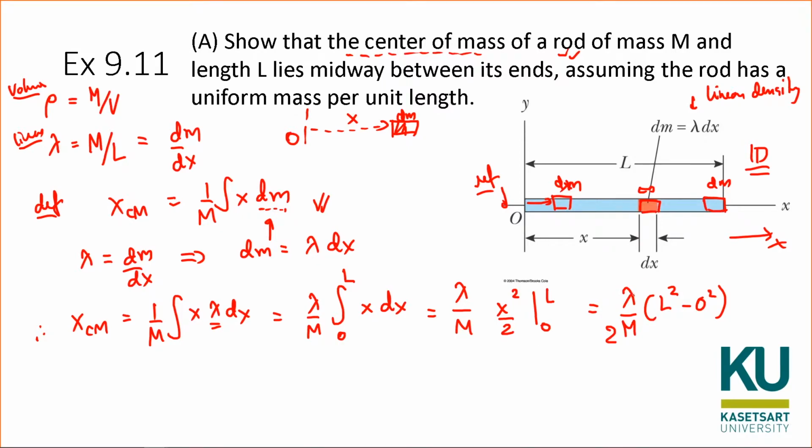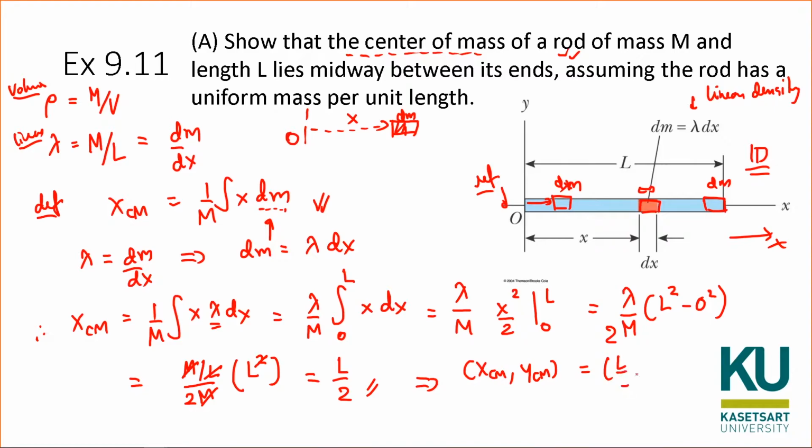You can substitute lambda as m over L. So you have m over L, divided by 2m, multiplied by L squared. L cancels and m cancels. You have x_CM equal to L over 2. To answer about the center of mass, x_CM and y_CM and z_CM are equal to L over 2, 0, 0.